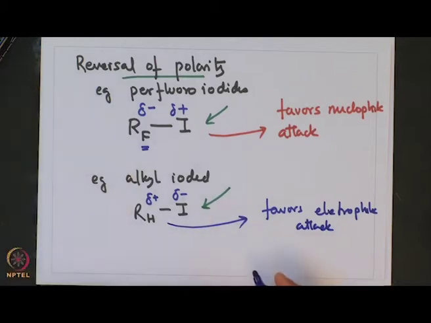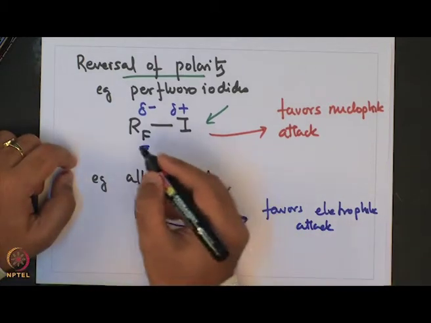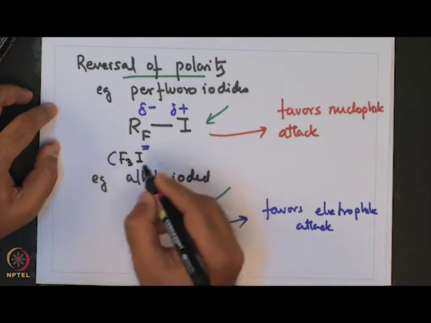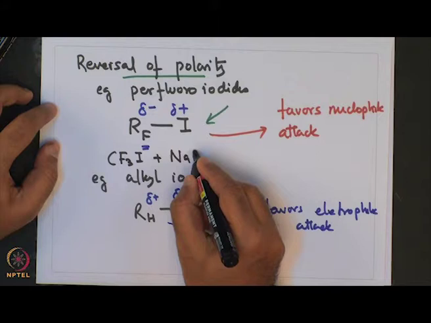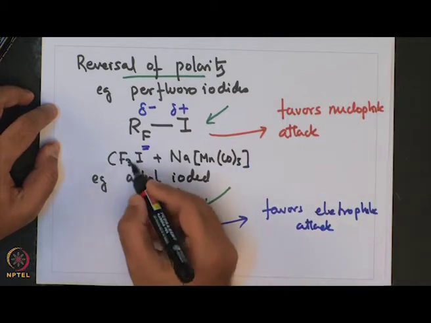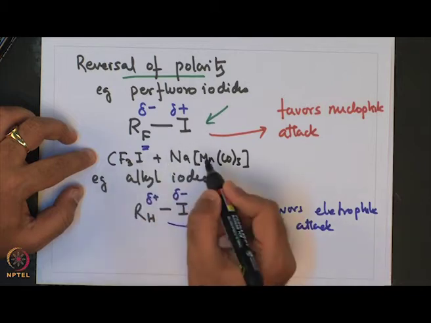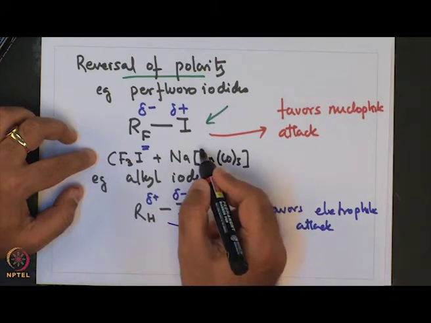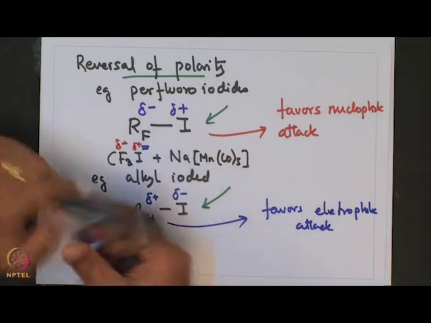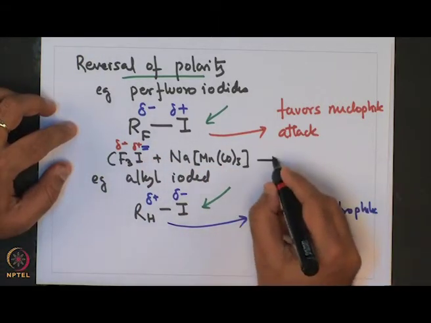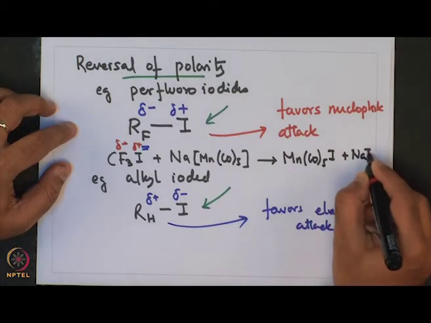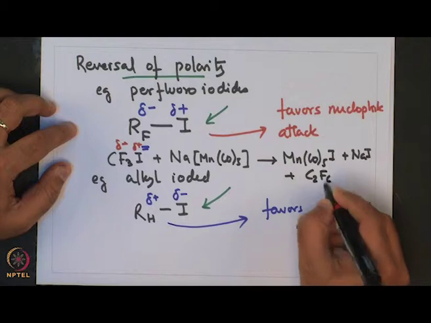Let me illustrate this with an example. For example, for the reaction of CF3I plus sodium manganese CO5, here the iodine is in positive charge and the manganese is in the negative charge, and CF3 has a delta minus charge and it does not react with the manganese, and the final product one gets is manganese pentacarbonyl iodide plus sodium iodide plus C2F6.